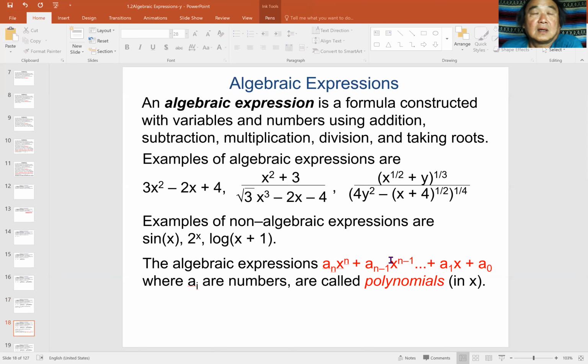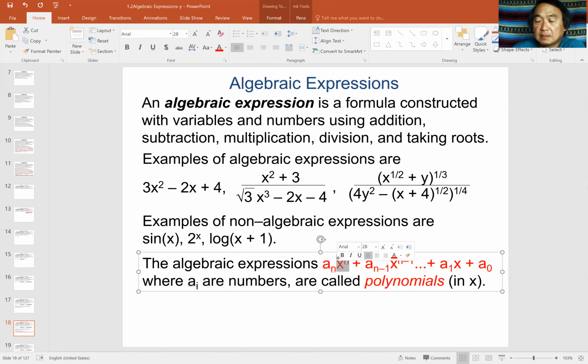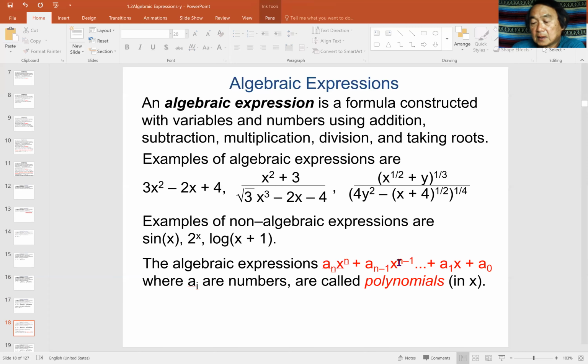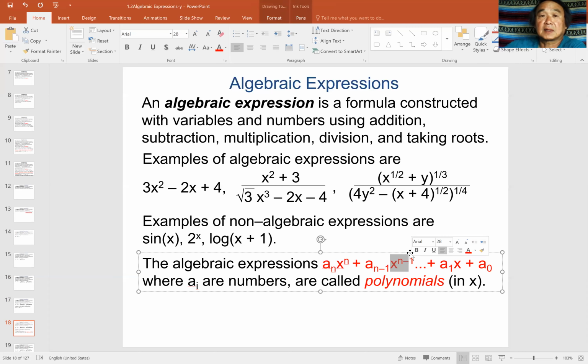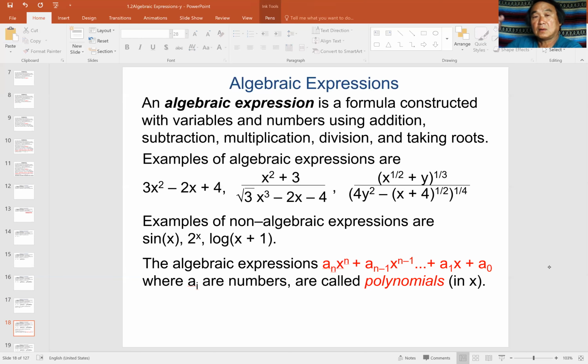And what kind of algebraic formulas are we interested in? The most important class of algebraic formulas are called polynomials. You take the x, multiply it by itself many times, multiply that by a number. Then you take the x, multiply itself many times again. The formula arranges them in order of how many times x is raised to a power.